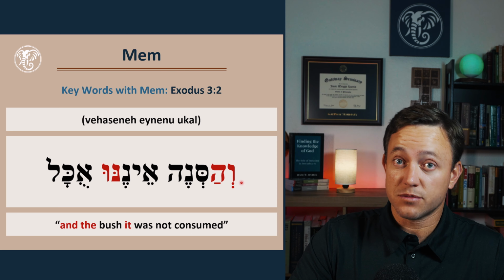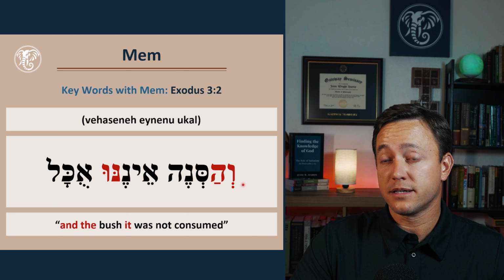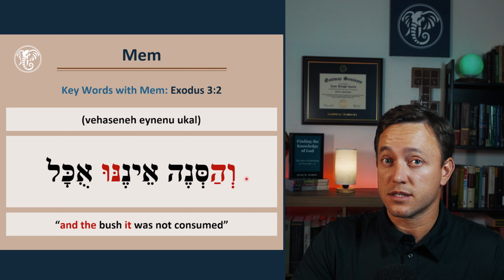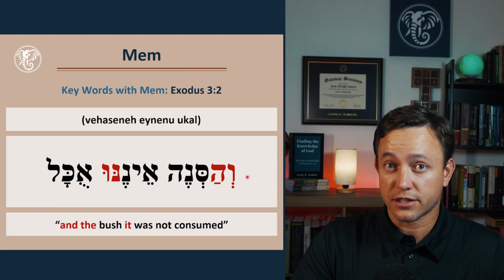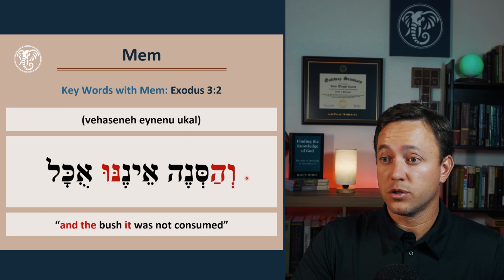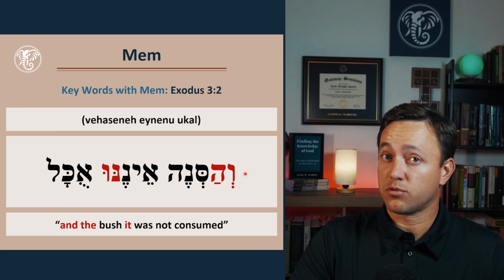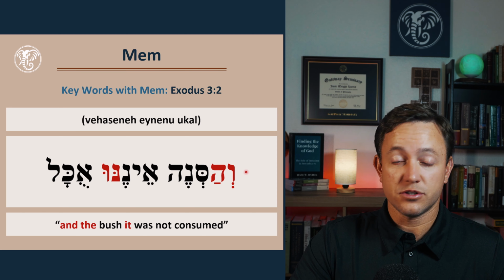Again, for whatever reason, we don't know exactly why he chose this spot, but it was to interact with and encounter Moses and to change his trajectory in life and to put him on task to release the people of Israel, God's people, and to fulfill his promise to Abraham all those hundreds of years before.